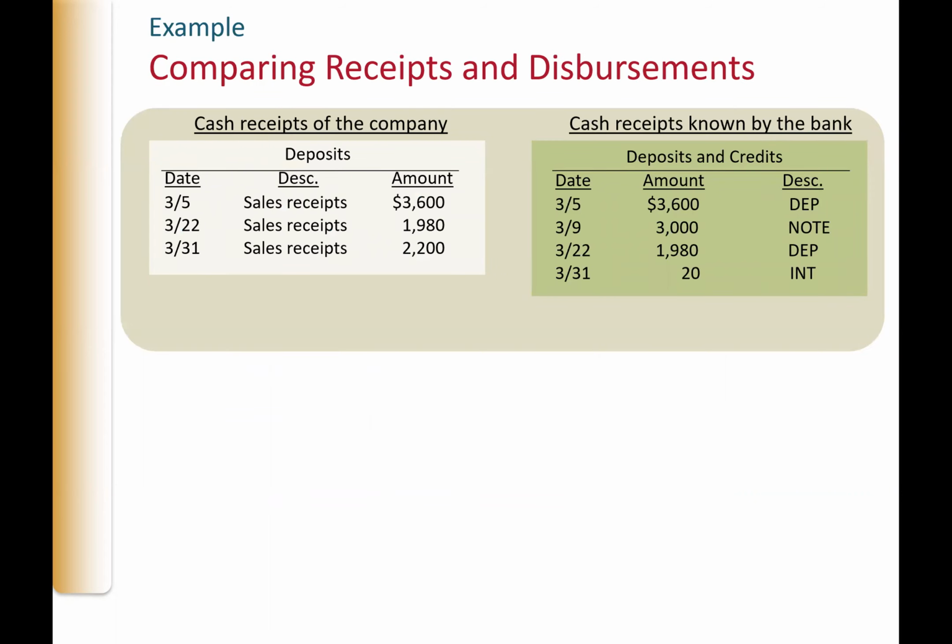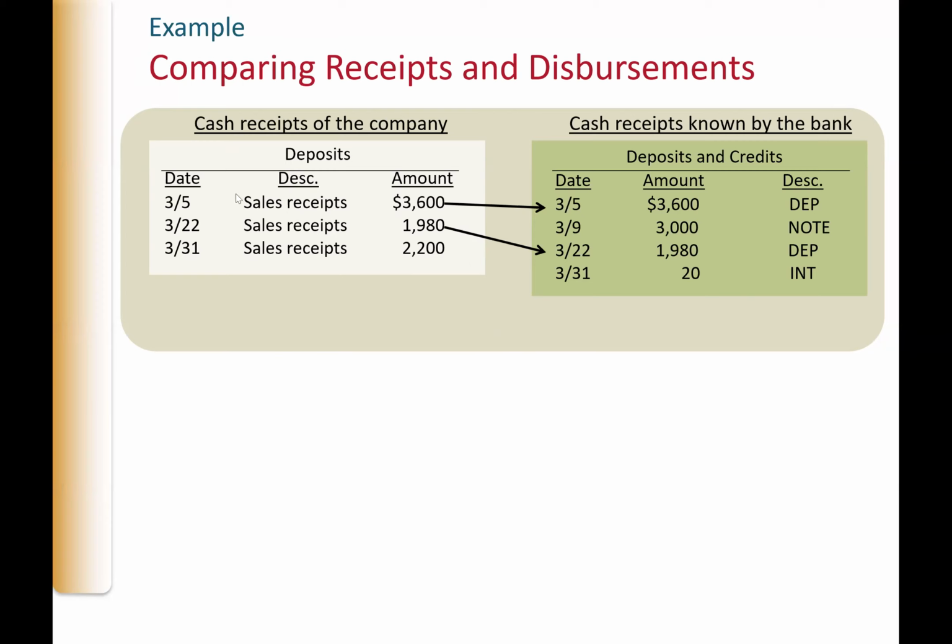So here you see deposits, cash receipts by the company. We see the March 5th, $3,600 receipt hit the bank. And we see the March 22nd, $1,980 deposit hit the bank.